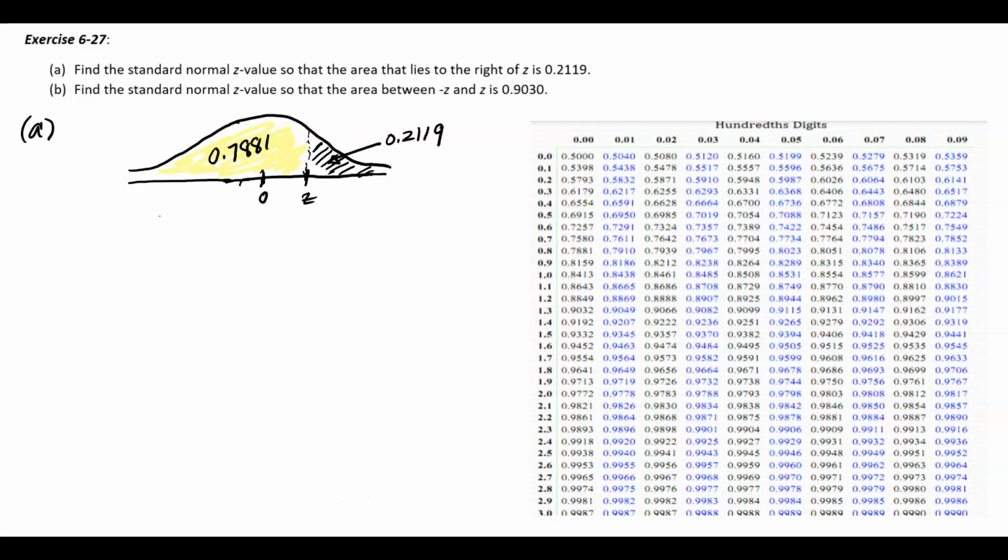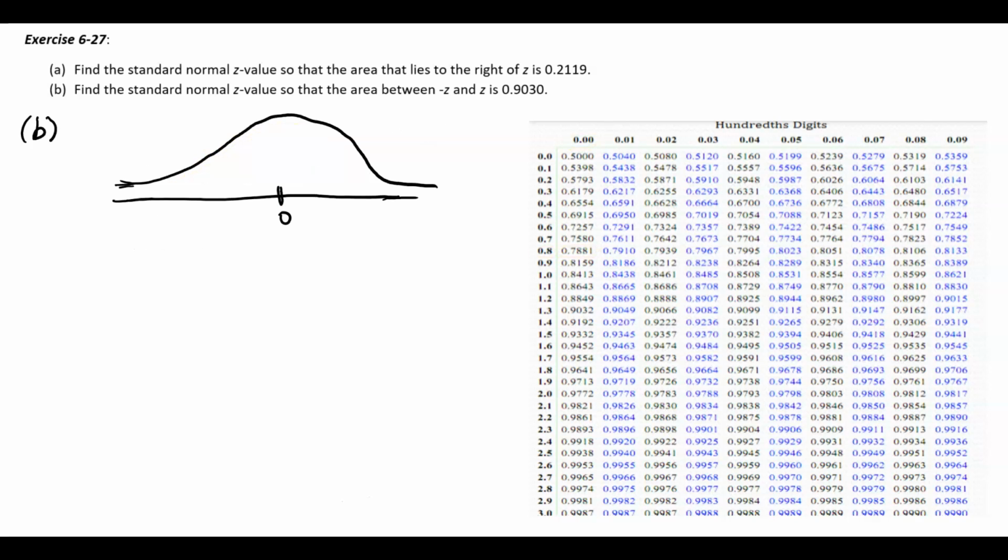As you look at the table, you will see that 0.7881 is right there. And so the z-score that is associated with 0.7881 is going to be z equal to 0.8.